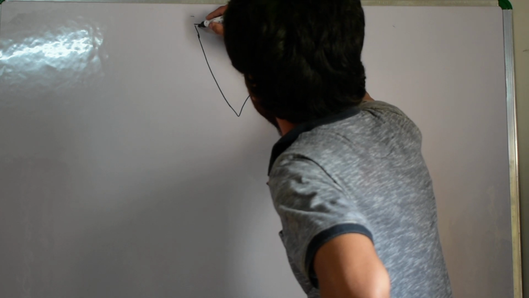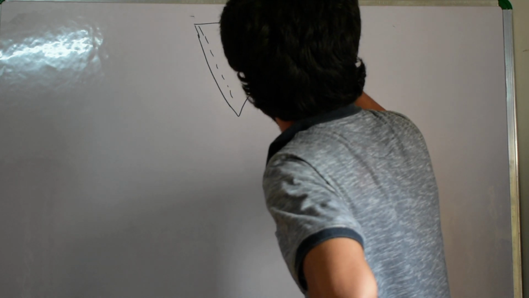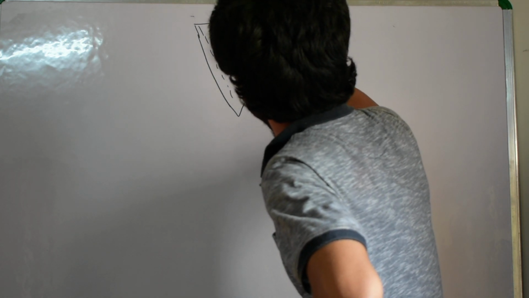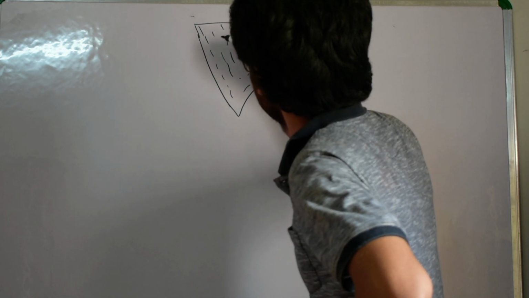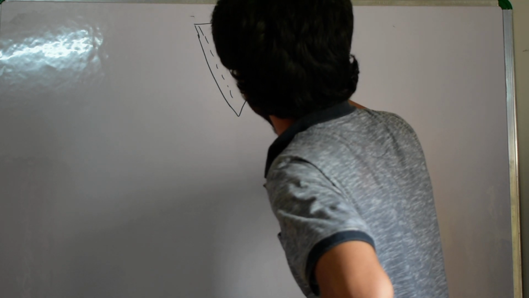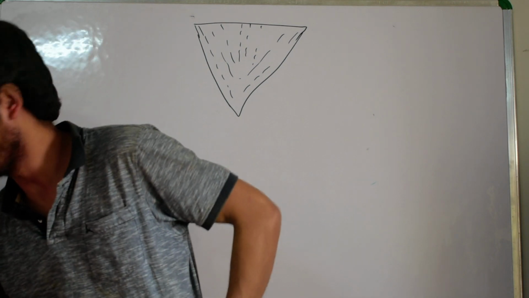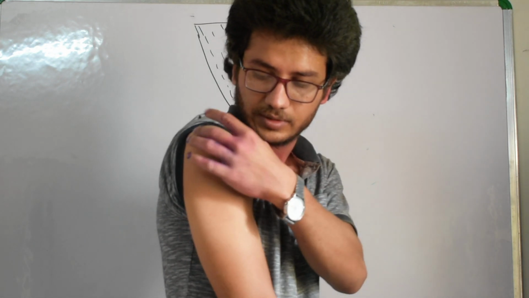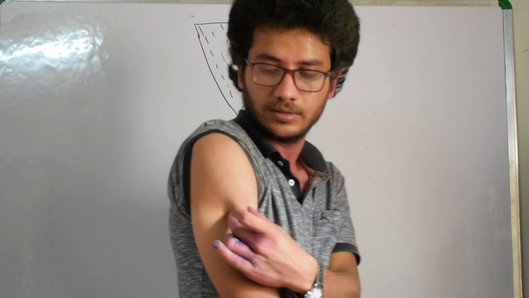These are the muscle fibers: the anterior fibers, middle fibers, and the posterior fibers. So these are the middle fibers. In your own body, I'll just show you. This is the bulky muscle here. This is the deltoid. So this is a triangular muscle here.